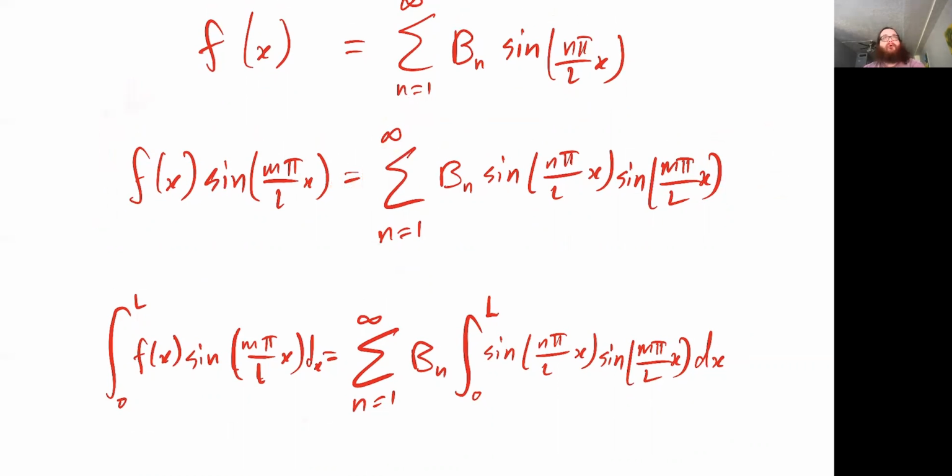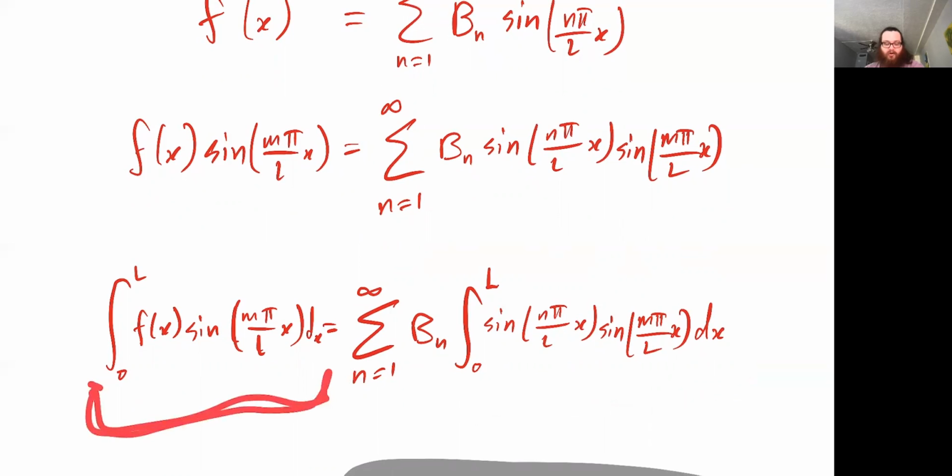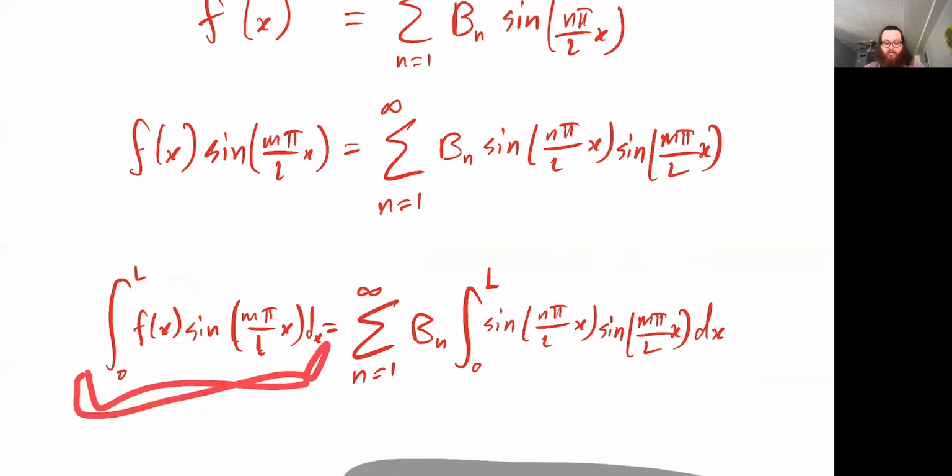And so now the operation that we're assuming is valid is that this integral we're going to move into the summation. But then we're left with something like this. So this integral, we don't necessarily know. If we were told what f was, we may be able to compute it, but otherwise this is just some integral.